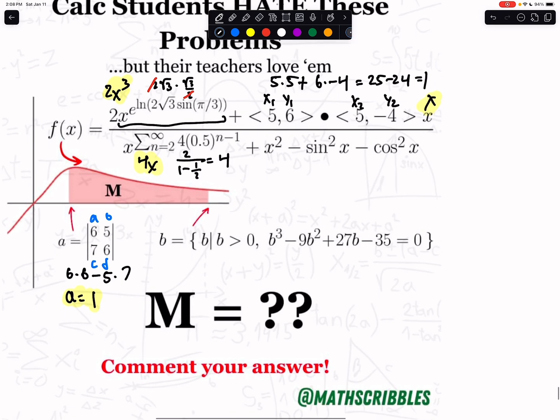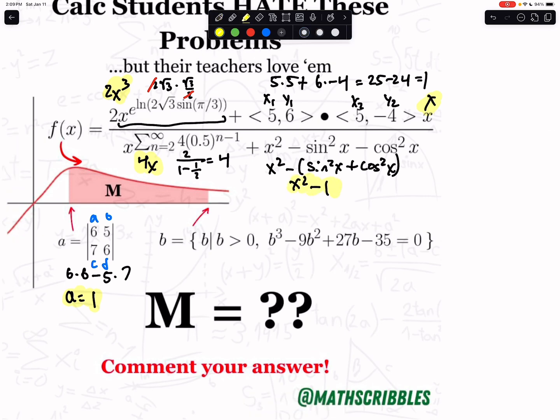And then here, x squared minus sine squared x minus cosine squared x, I'll just be x squared, and we can factor out negative sine squared x plus cosine squared of x, Pythagorean identity, so that'll just be 1, so x squared minus 1.